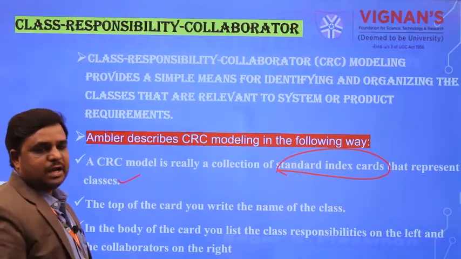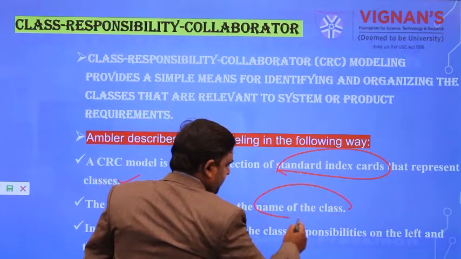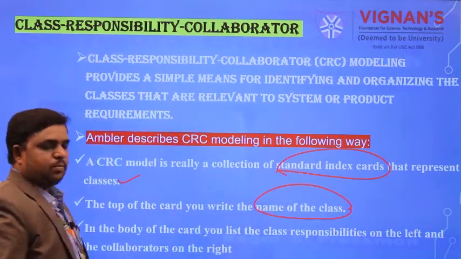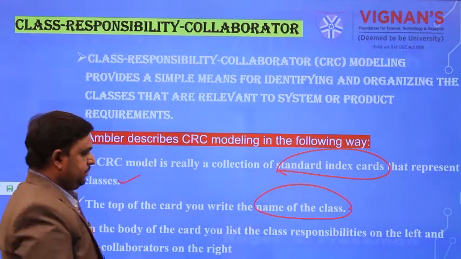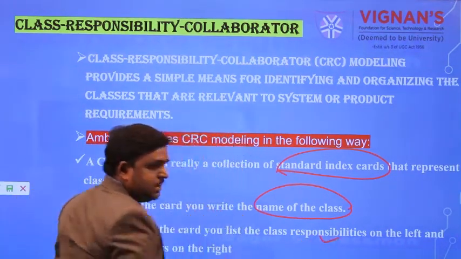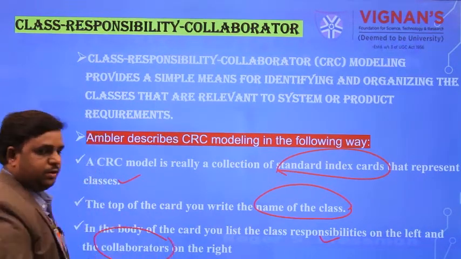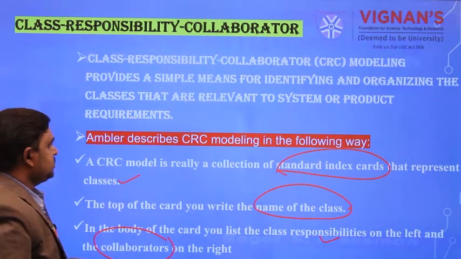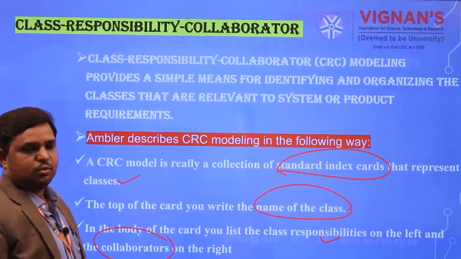On the top of the card we write the name of the class. In the body of the card, on the left side we write the responsibilities, and on the right side we write the collaborators. So that is the description given by Ambler about CRC modeling.